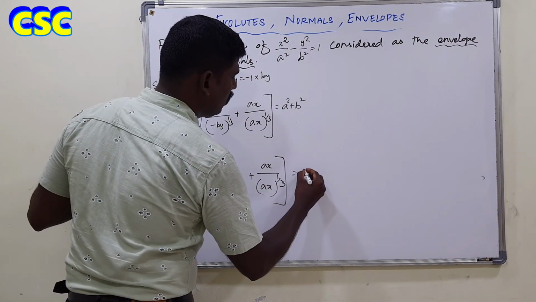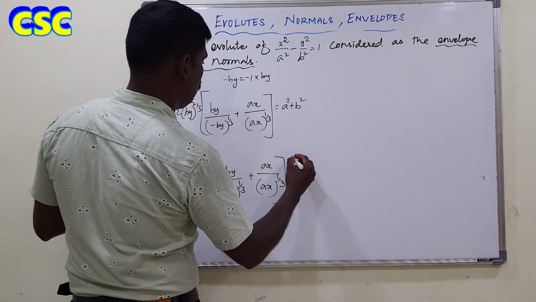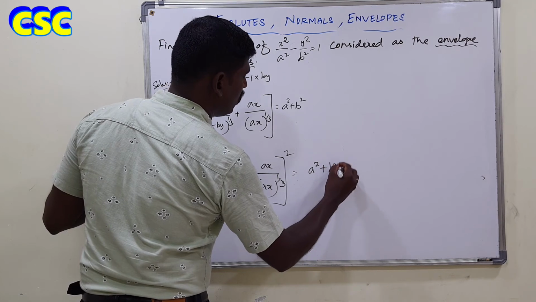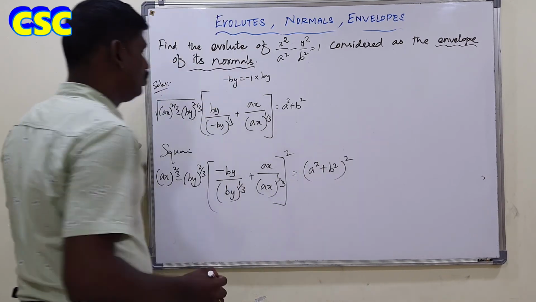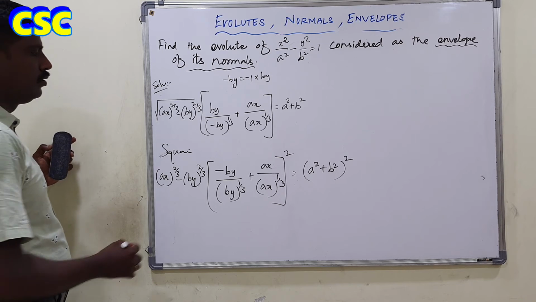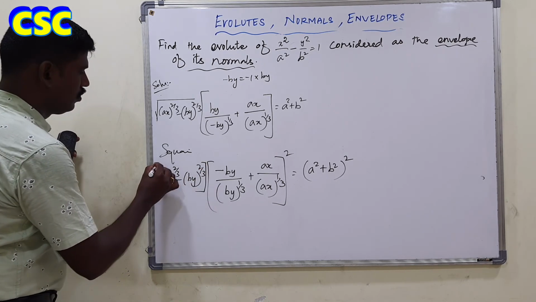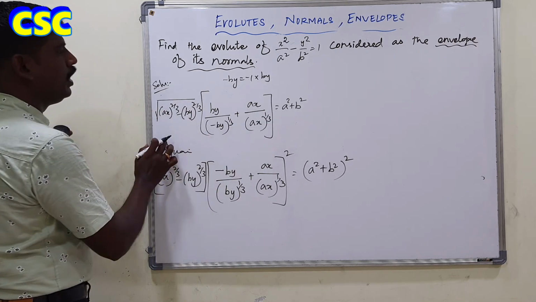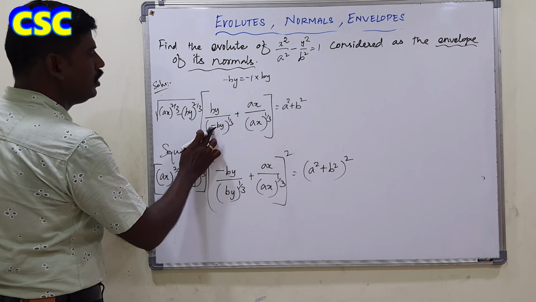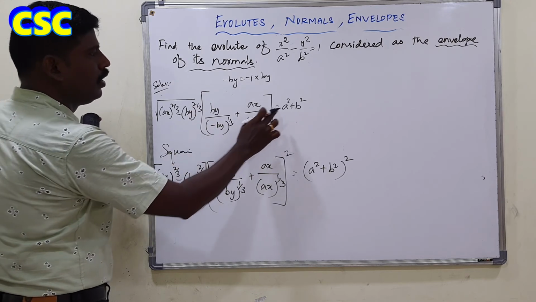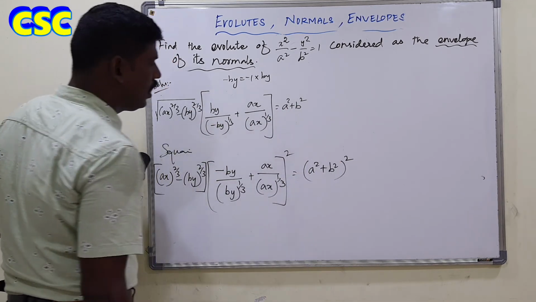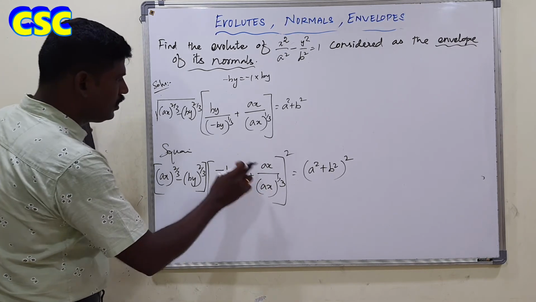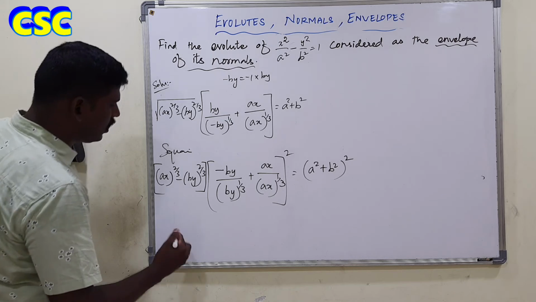Equal to what? This becomes square, isn't it? A square plus b square the whole square, right? Squaring on both sides, the root will be eliminated. This becomes square. This minus is taken into the numerator, and the right hand side becomes a square plus b square the whole square, right? So can we simplify the terms inside the bracket?